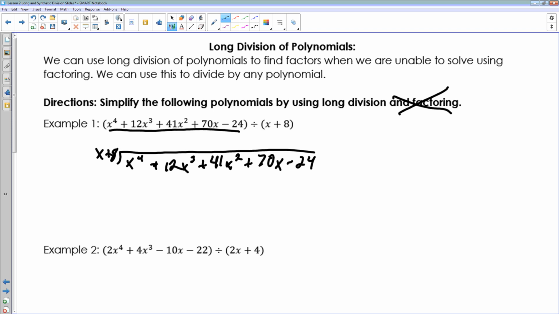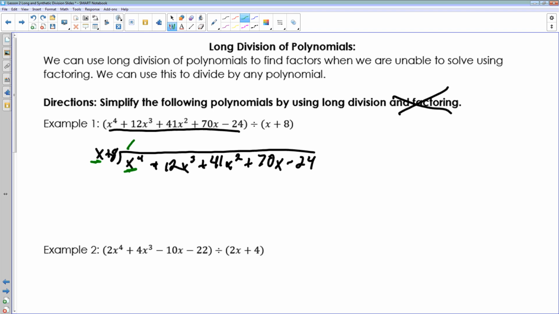All right, so what we're going to do is look at our first term underneath the division sign, x to the fourth. And we're also going to look at this first term. And I basically say, okay, can x go into x to the fourth? Yes, it can, right?